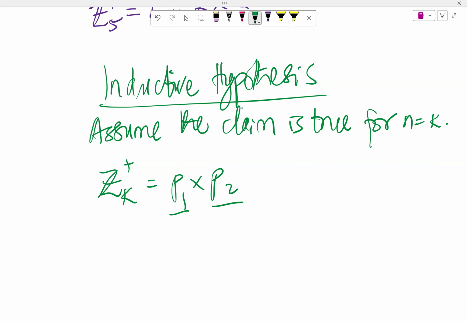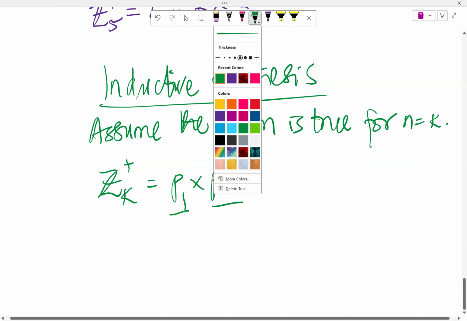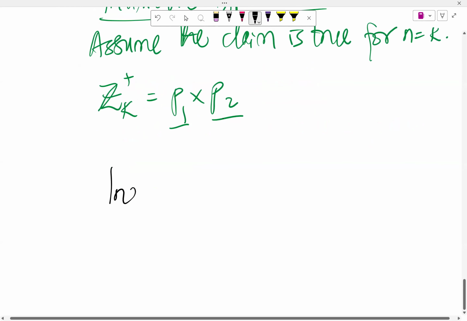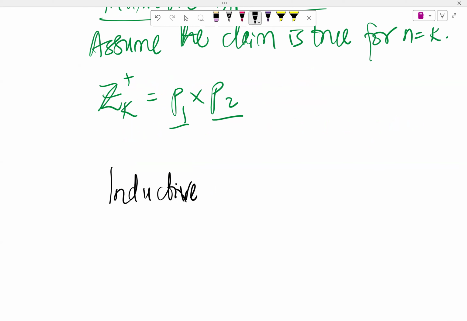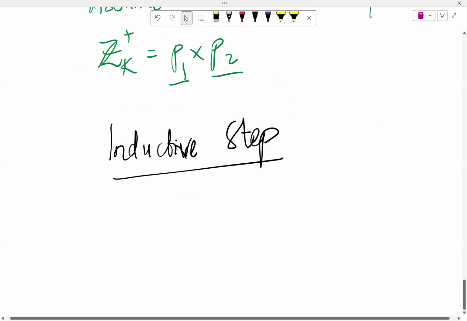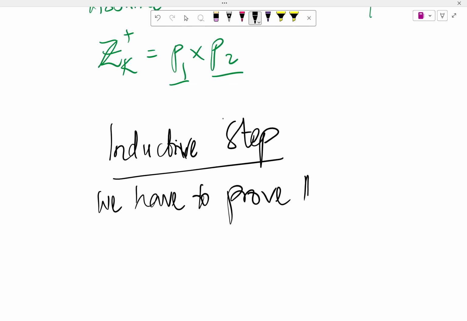So finally, we can talk about the inductive step, which is the final step, like the last fight. For the inductive step, we have to prove the claim for n equals k plus 1.